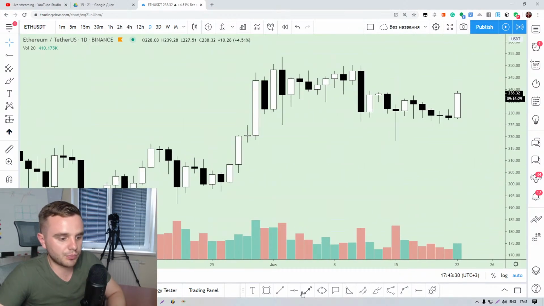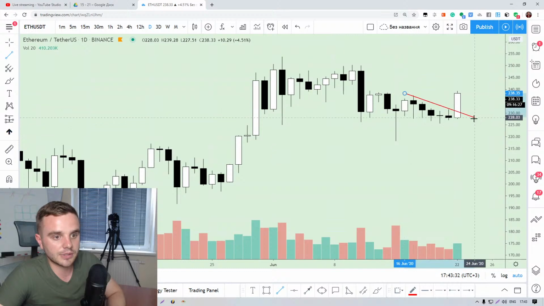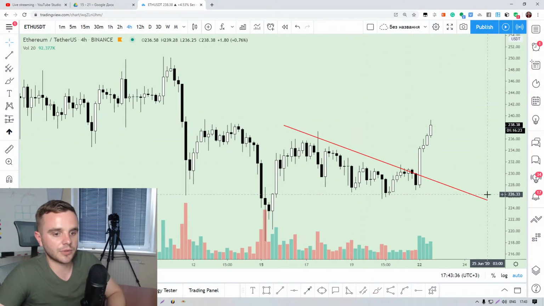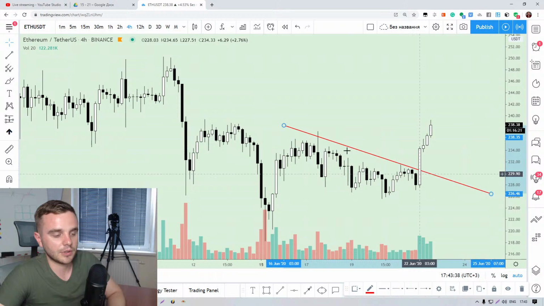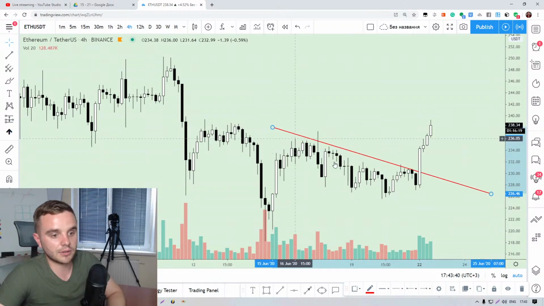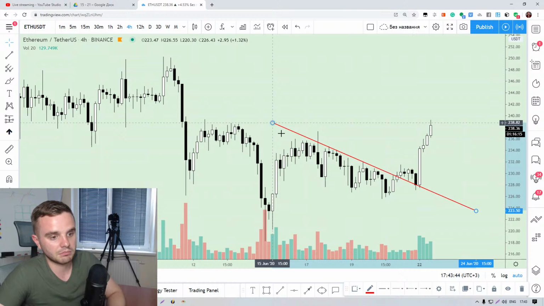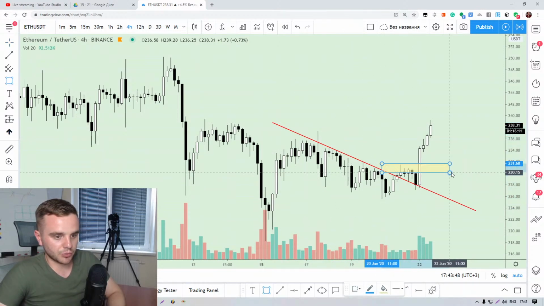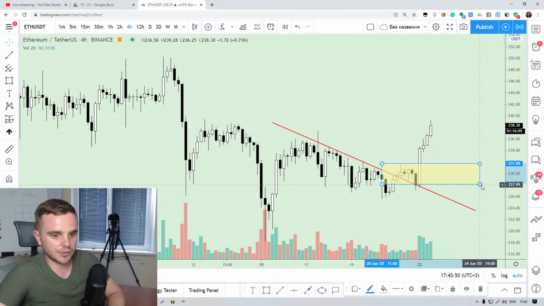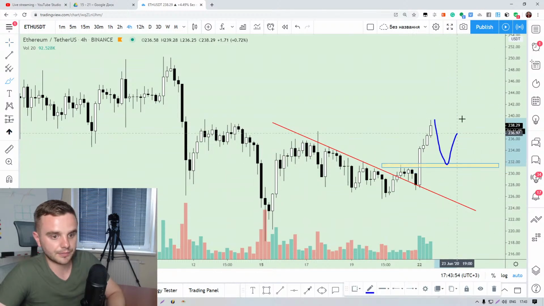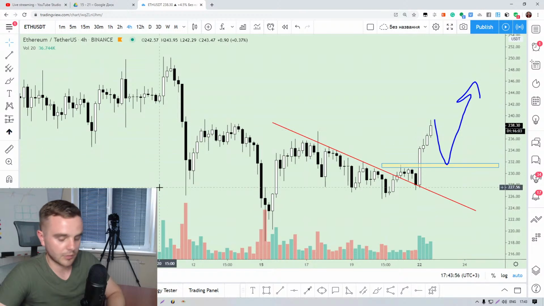Ethereum price broke up this trend line on the lower time frame, as you can see. Price broke up this trend line. Looks like it can start its uptrend, as you can see here. That's why a pullback into such an area can be an accurate entry. What else?